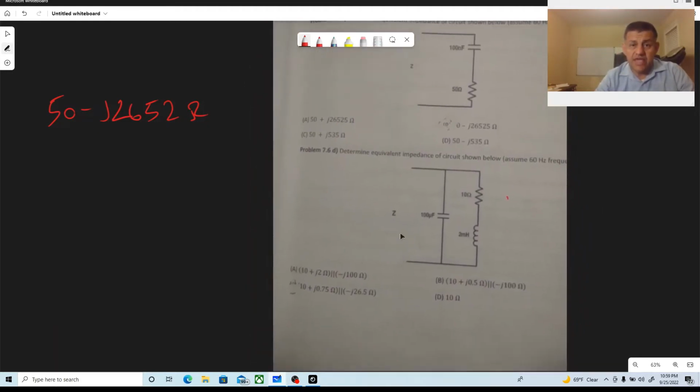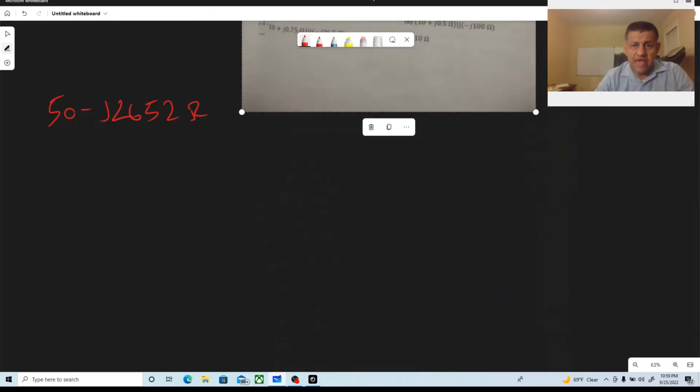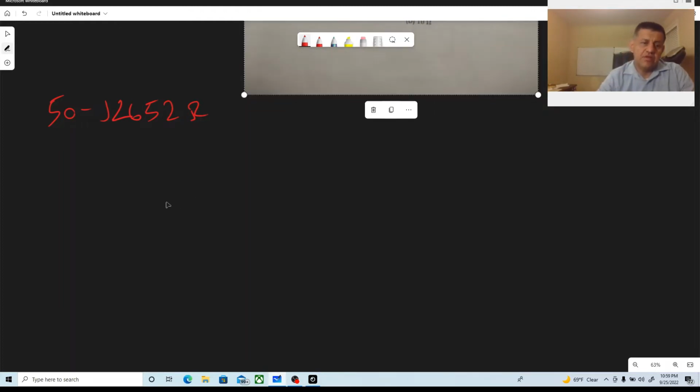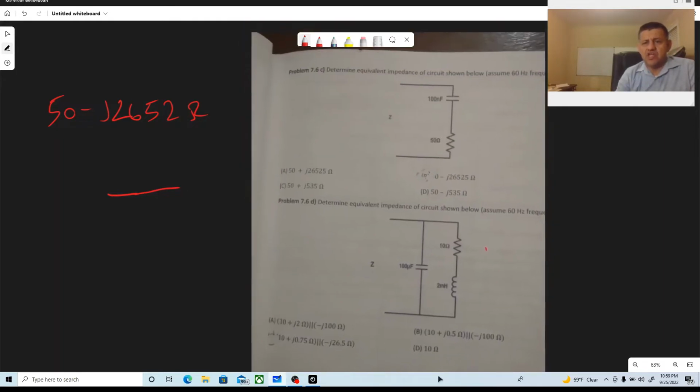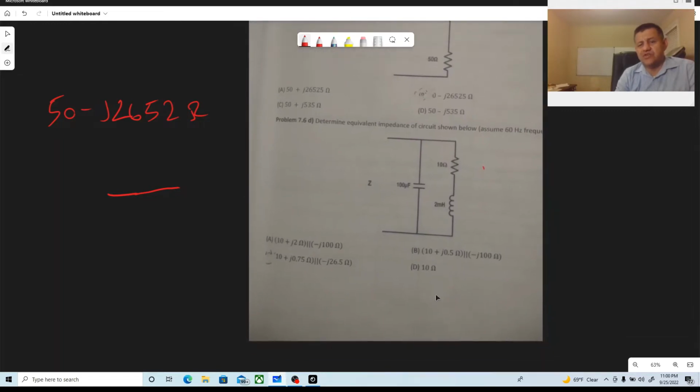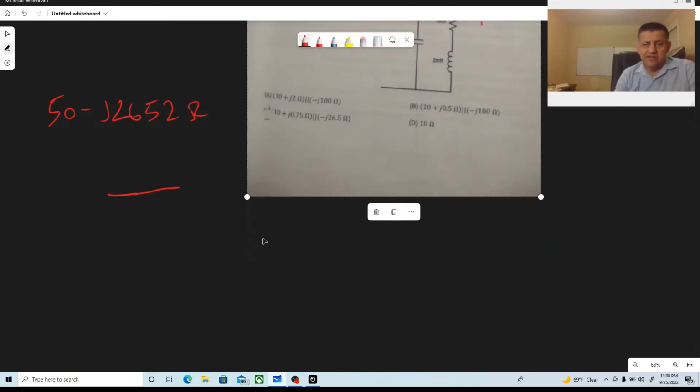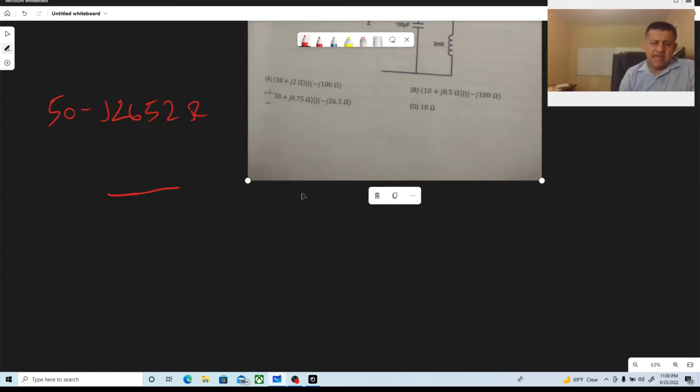The first one looks something like this, and then we have a capacitor. It doesn't matter where the capacitor is located, as long as it's in series or in parallel, it's not going to make a difference.